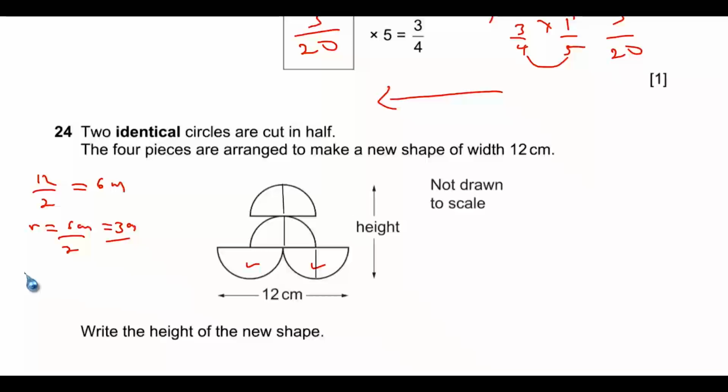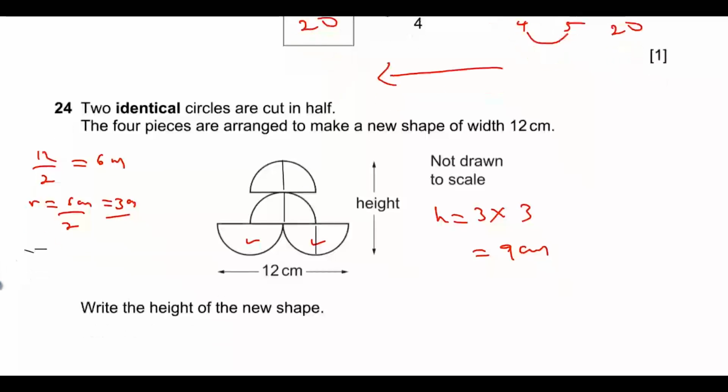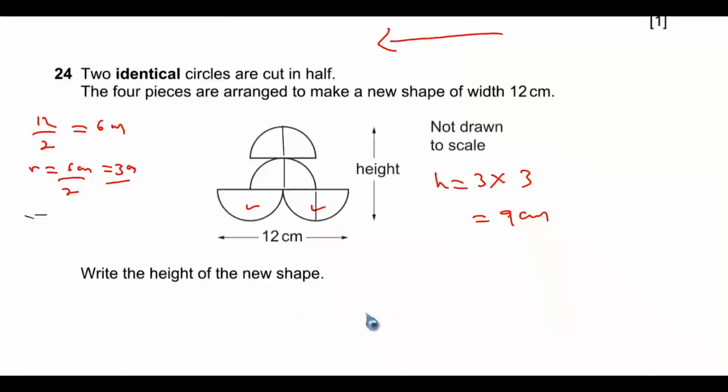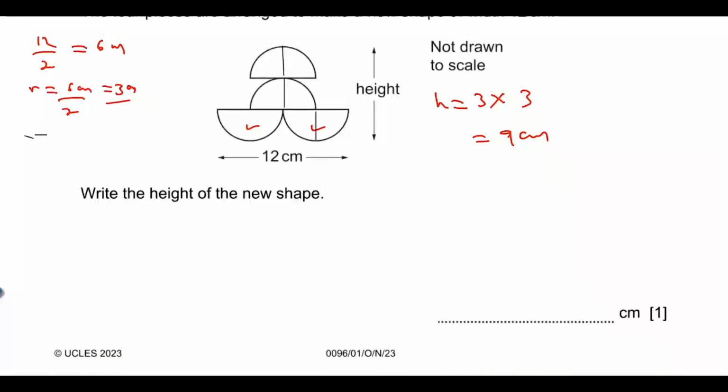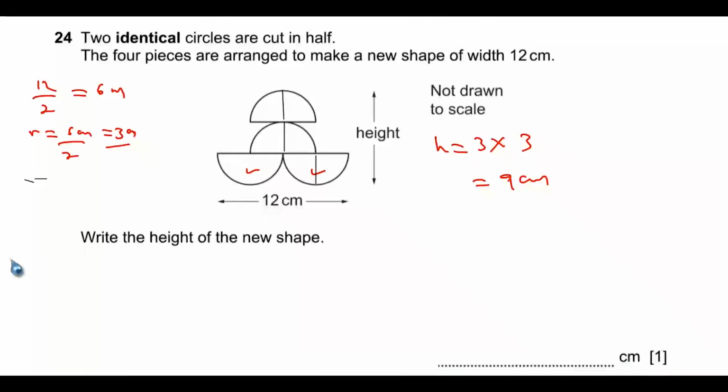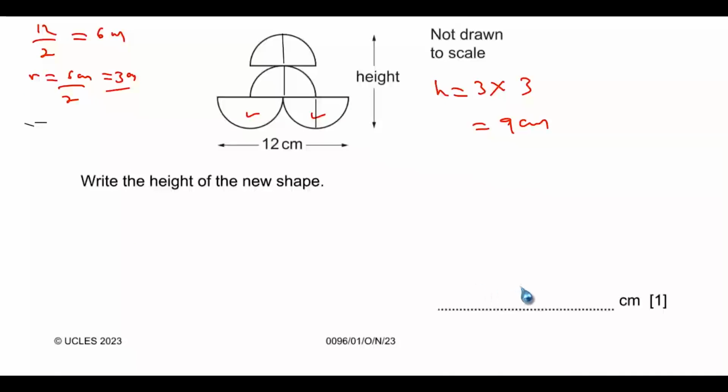So we can say the height equals 3 times 1 radius, and that will be 9 centimeters. So that is the height of the new shape formed from these semicircles. So I can write 9 centimeters here.